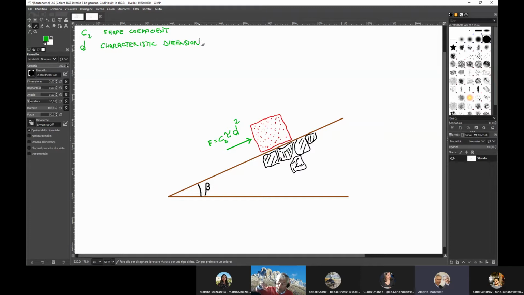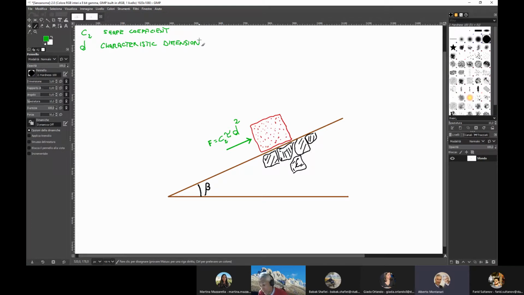If the unit is spherical, D could be the diameter. What is important to remember is that D is a characteristic size, and D squared times C2 gives the exposed area of the unit. And the exposed area times the shear stress tau gives the final amount of the forcing that tends to bring the particle up.